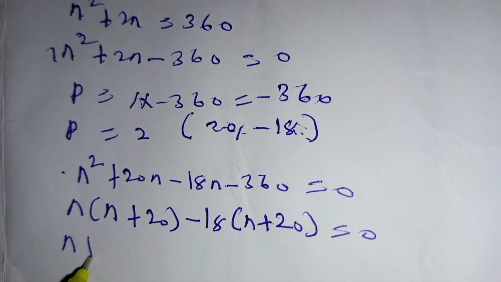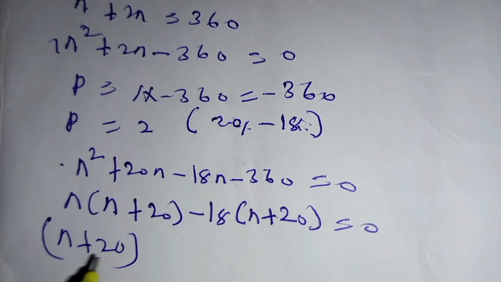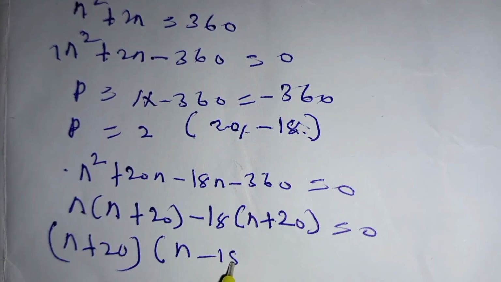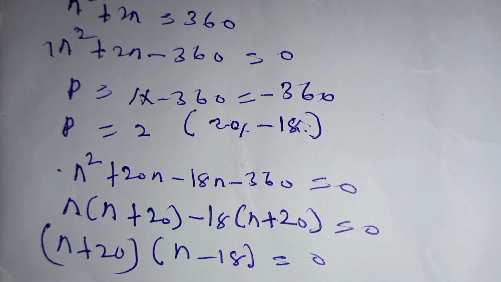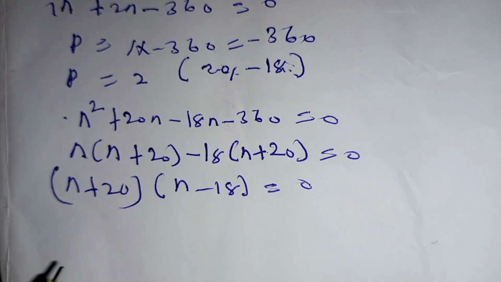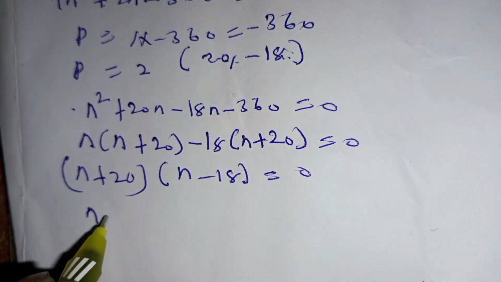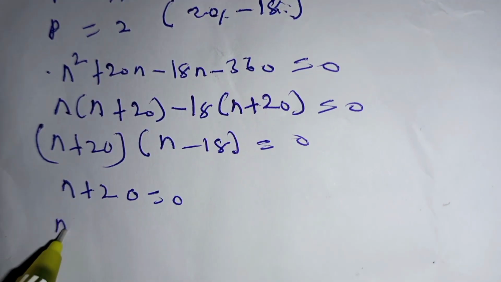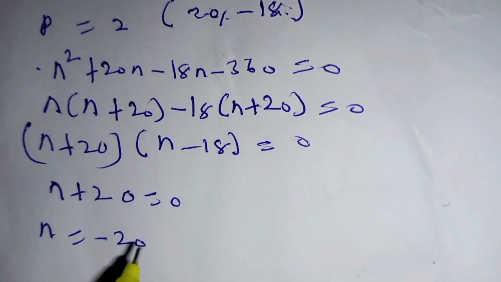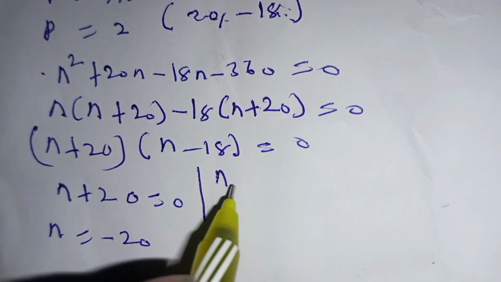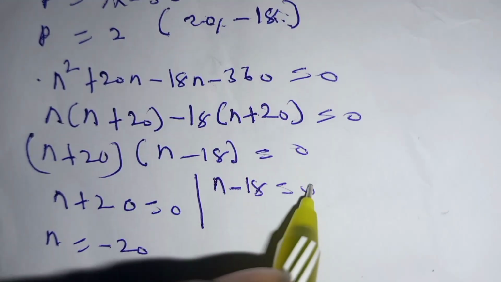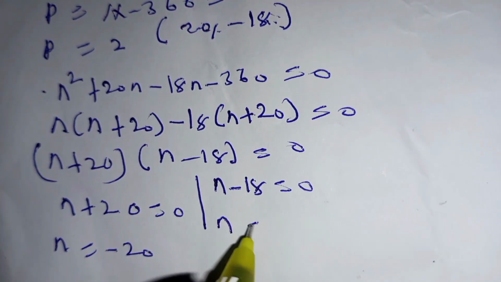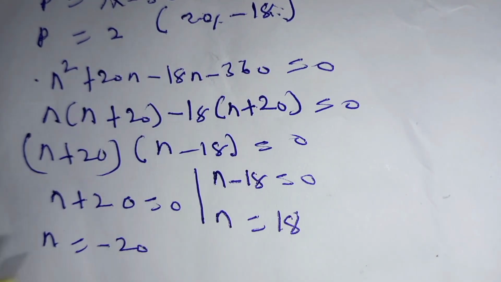We factorize: n plus 20 times n minus 18 is equal to 0, meaning that n plus 20 is equal to 0. So from here, the value of n is equal to negative 20, or n minus 18 is equal to 0, so the value of n is equal to 18.